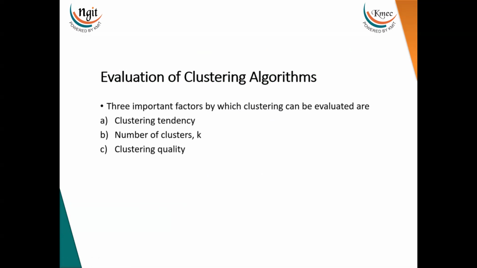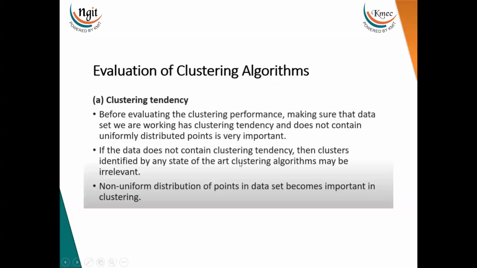Basically the evaluation of clustering algorithms is dependent on three important factors, which are clustering tendency, number of clusters, and clustering quality. Coming to clustering tendency, whatever data set we take to cluster, make sure that the data set has a clustering tendency.